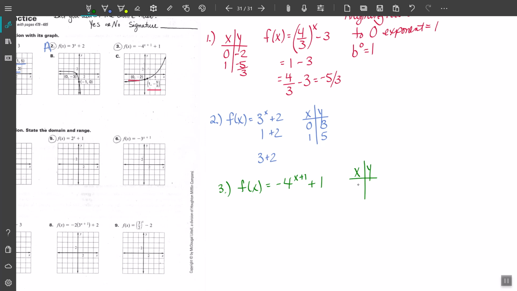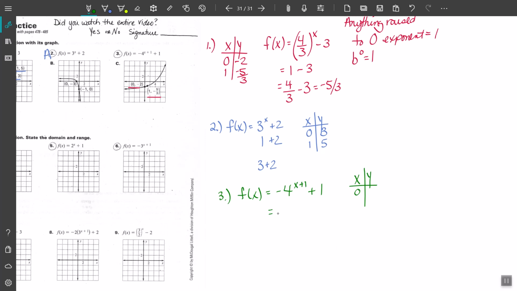So we're going to go ahead and try 0 because 0 will give us 1 as an exponent. So 0 plus 1 up here, that will give me -4 raised to the first power plus 1, which would be -4, which would be -3.